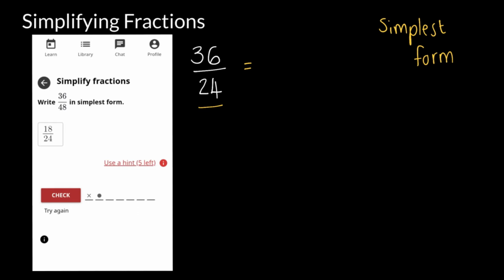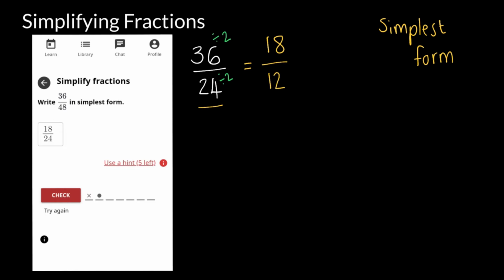So I'm going to divide the top by 2 like you did, 36 divided by 2. But I also need to do that at the bottom. I can't just do that at the top. It has to be on both the top and the bottom. So I'm going to divide the bottom by 2 as well. 36 divided by 2 gives me 18, and 24 divided by 2 gives me 12. Okay, and there you have it.